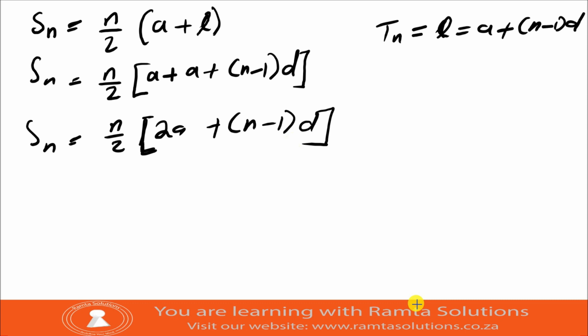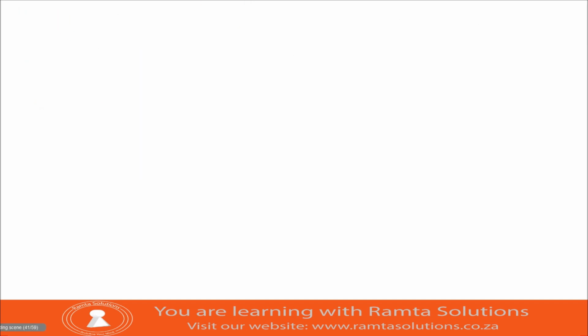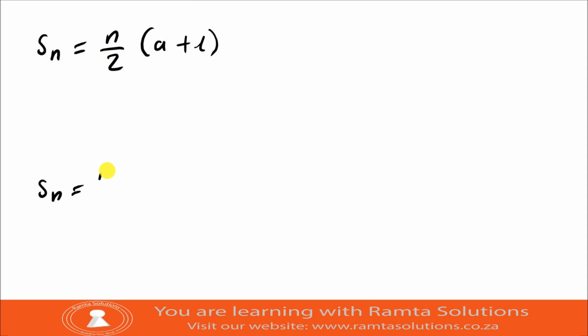So we have two equations here. We can use this one, or we can use this one. So when we use Sn equals n over 2 into a plus L, we can also use Sn equals n over 2 into 2a plus n minus 1 times d.